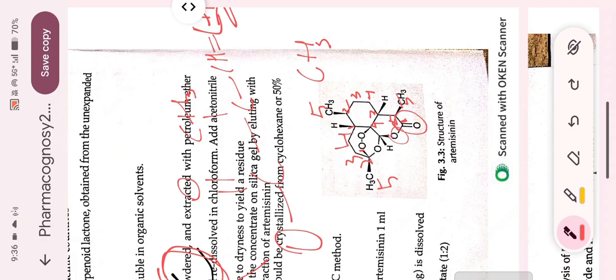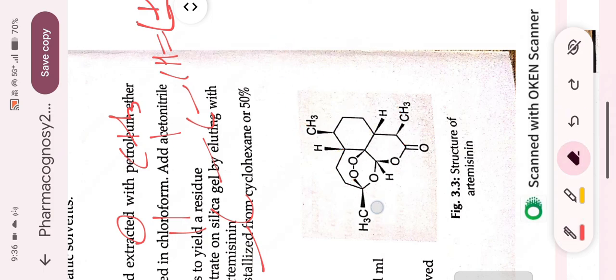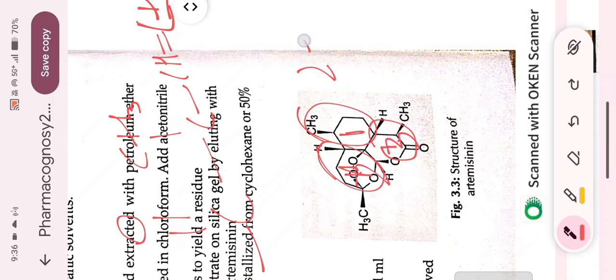We have 3 isoprene units, as I said. You can just remember this structure. This one is connected to this one as well as this one. 1 2 3, 2 is connected to 1, and this is also connected to 3. Likewise it is there.